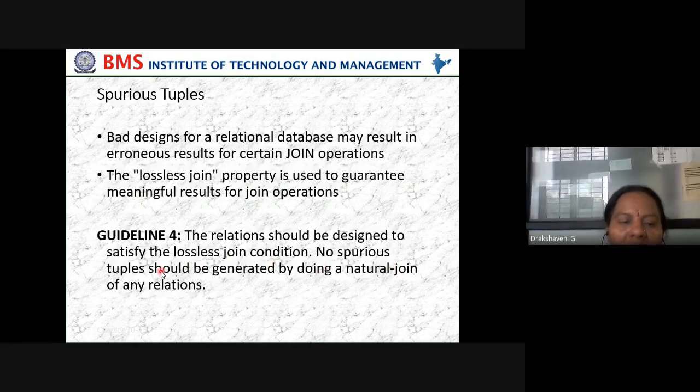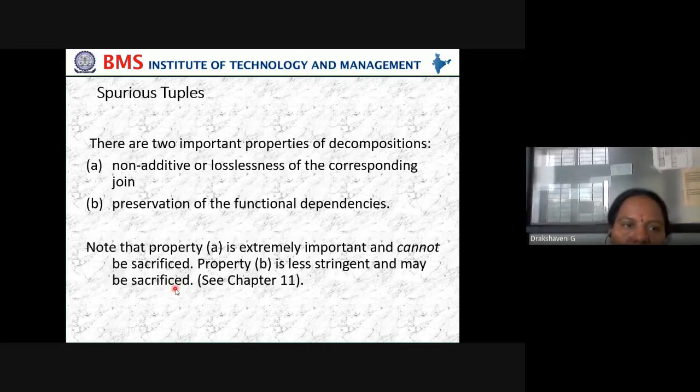No surplus tuples should be generated by doing a natural join of any relations. So that is guideline 4.